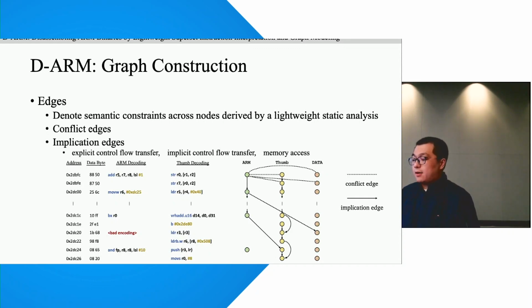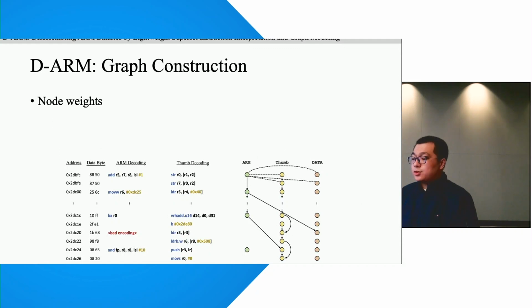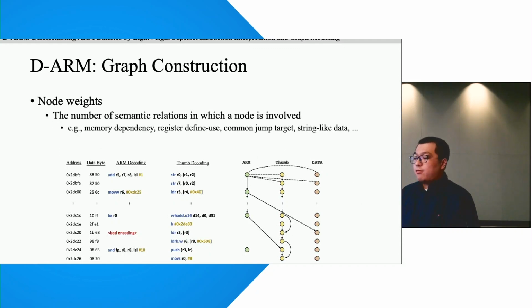It is the same for other nodes. For each node, we also count the number of semantic relations in which the node is involved. The more semantic behaviors an instruction has, the more likely it is a true instruction. So we use the number as the weight of the node.